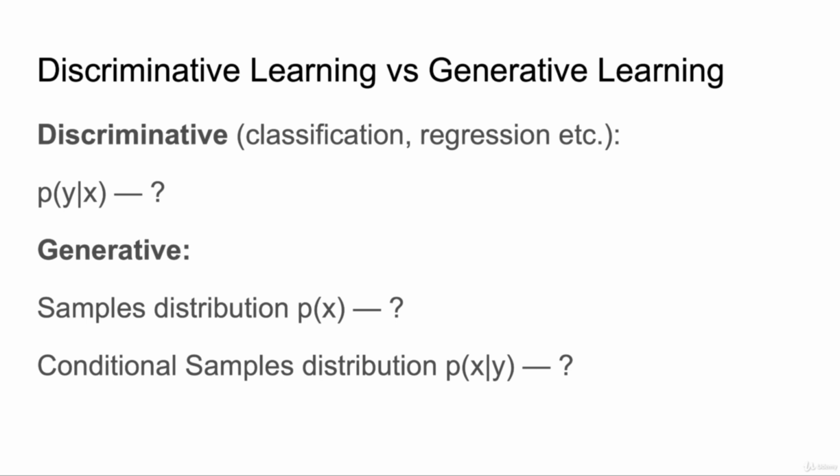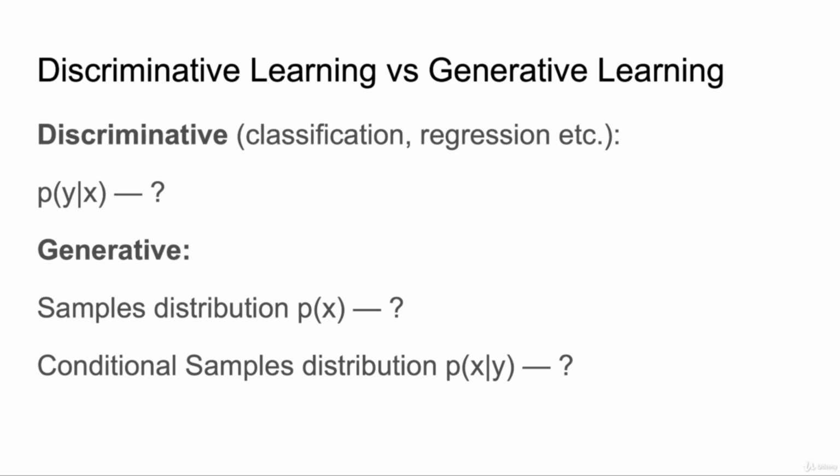Discriminative learning covers such problems as classification, regression, and many others, and usually in discriminative learning our goal is to estimate the distribution P of y given x. It means that given an object x, our goal is to predict some label for it. It may be a class label or a regression label.